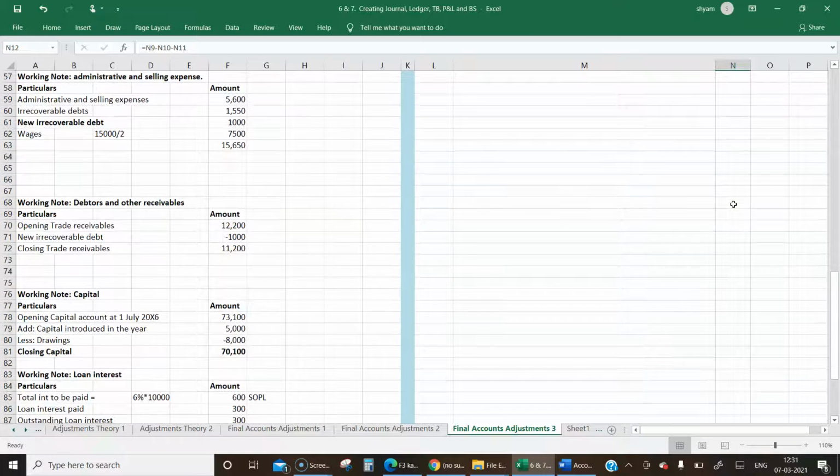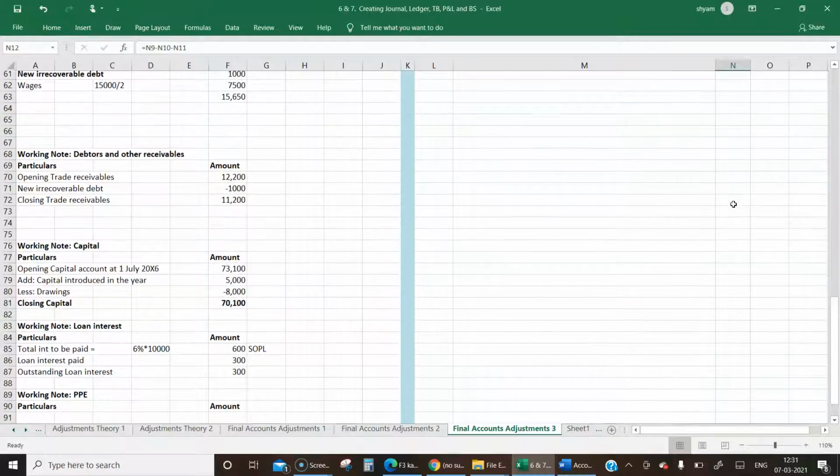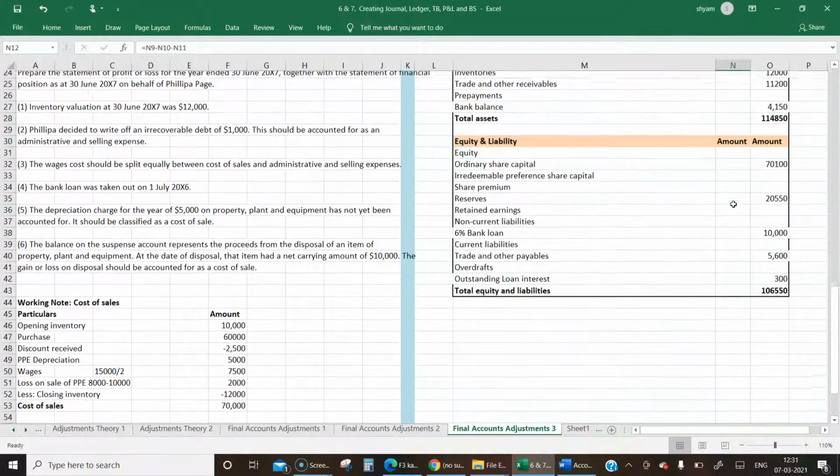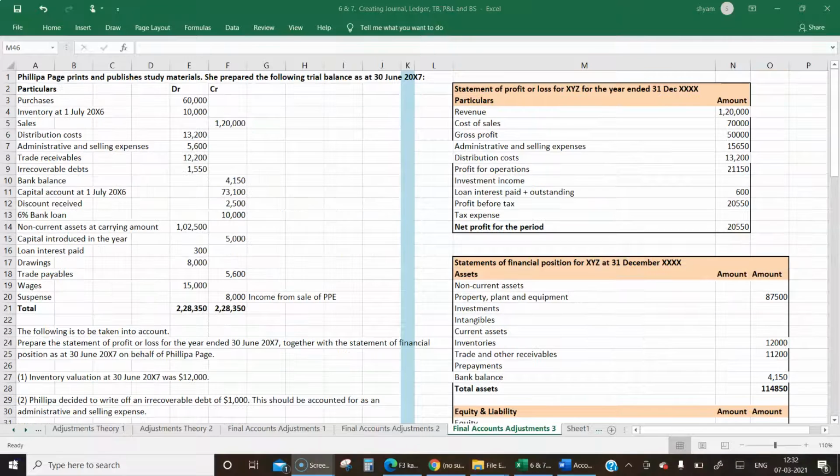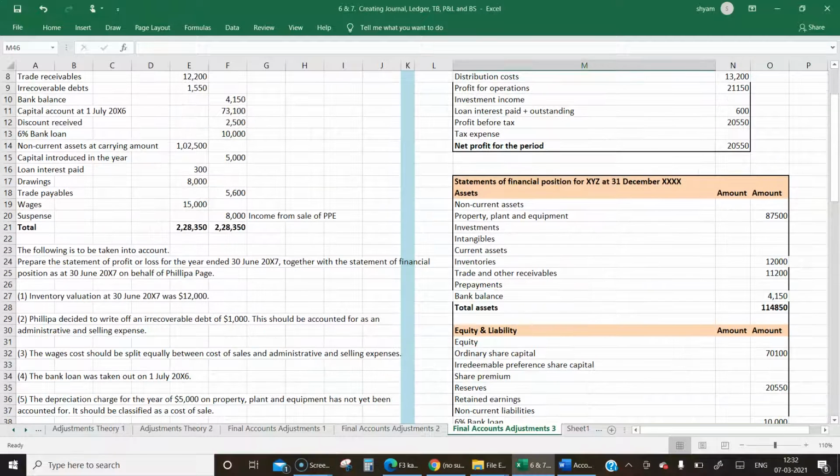Let's check whether all the numbers are correct. Closing receivables, have we posted? Okay, so we have done the sum, and finally let's check whether it's tallying.